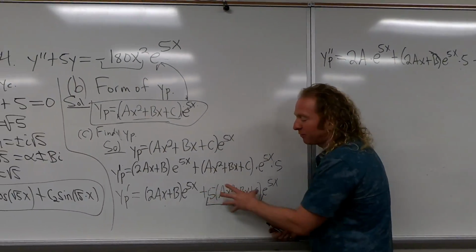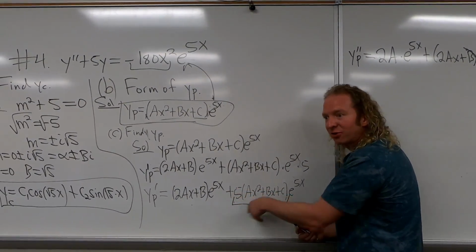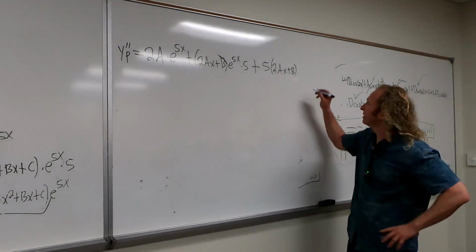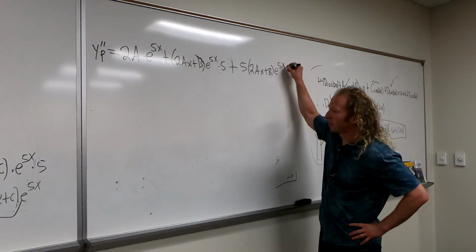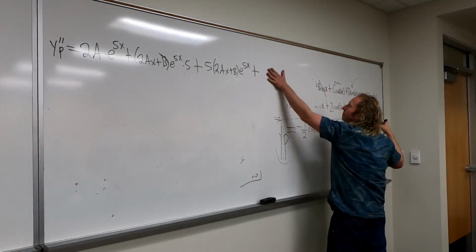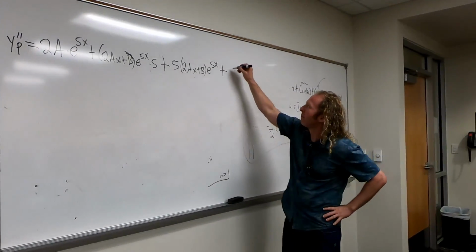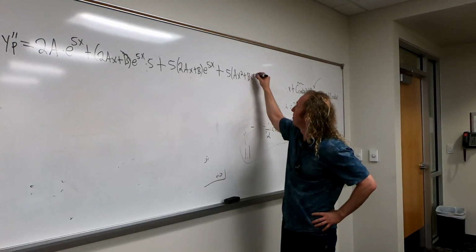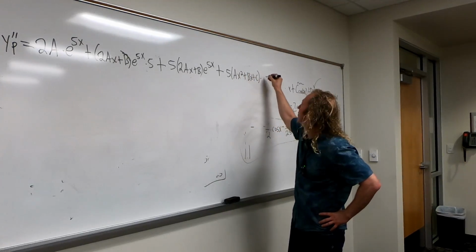So you have a number times a function of x, the number always hangs out. So you're allowed to do that. Really clever, right? Times the second, plus the first, ax squared plus bx plus c, times the derivative of the second.